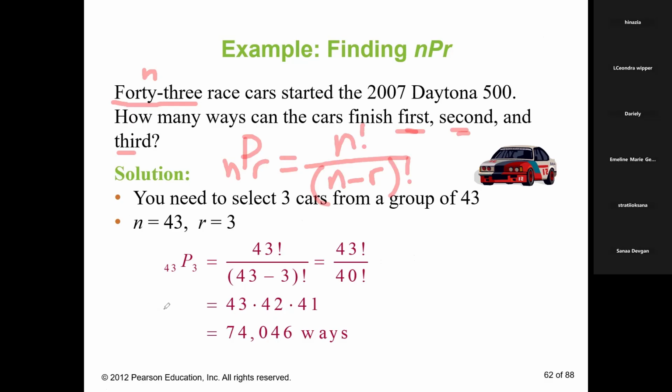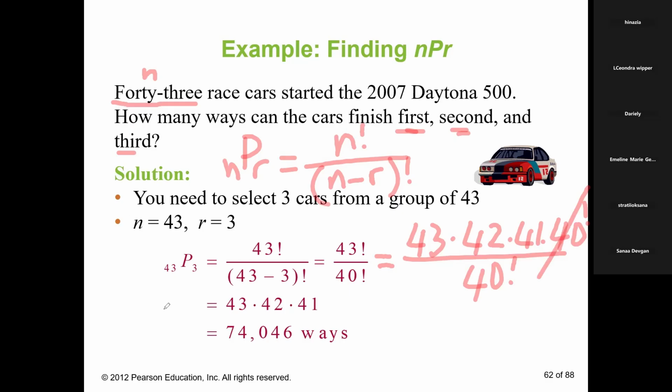Start at 43, go down to 42, go down to 41, and then you stop at 40 factorial, because you've got 40 factorial below. You simplify, and I got 43 times 42 times 41. When you multiply these 3 numbers, you get 74,046 ways.